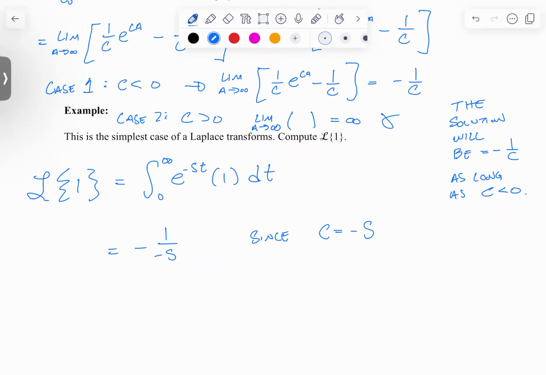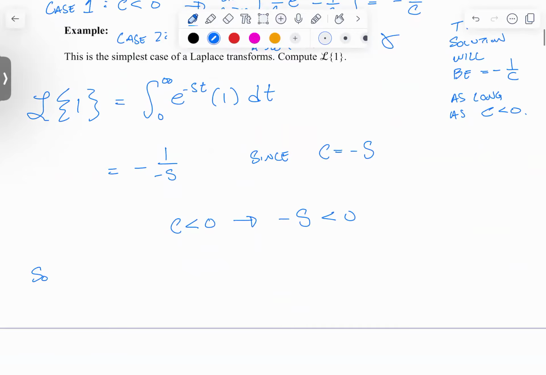And with my restriction, c had to be below 0, which now becomes negative s has to be below 0.